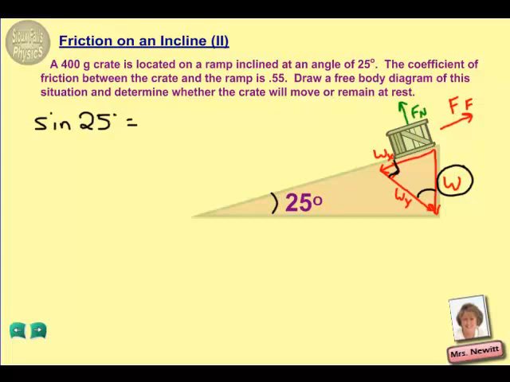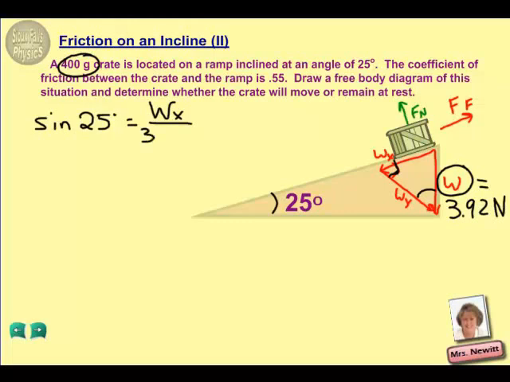That is equal to the X component over the hypotenuse, which is the weight of the object. Now in this particular case, we have 400 grams, and so to find our weight, we would have 0.4 kilograms multiplied times 9.8, and that gives us 3.92 newtons for our resultant.